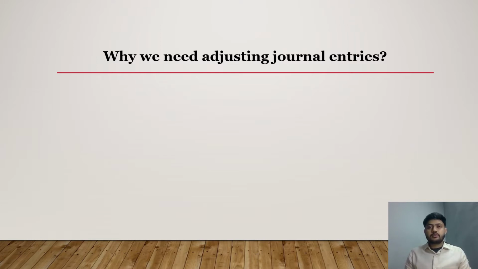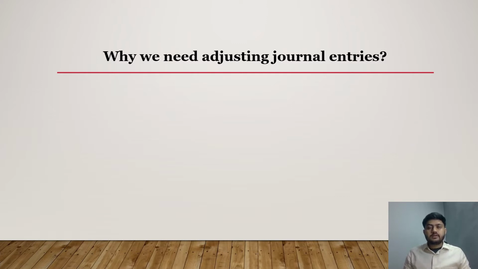For example, you are providing some accounting services to some client in January month, and for that accounting services you have rented a building for which you have to pay rent on 31st December, in advance.